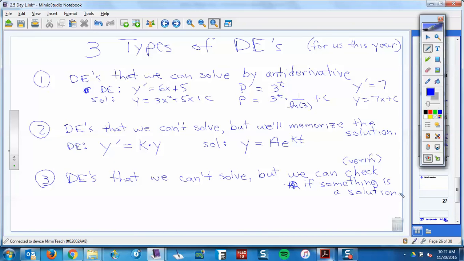For example, my Algebra 1B class, we're solving quadratic equations right now. A month ago, they didn't know anything about solving quadratic equations.